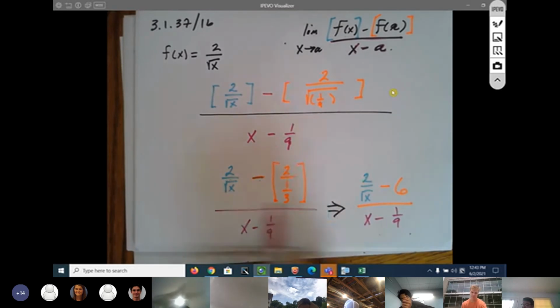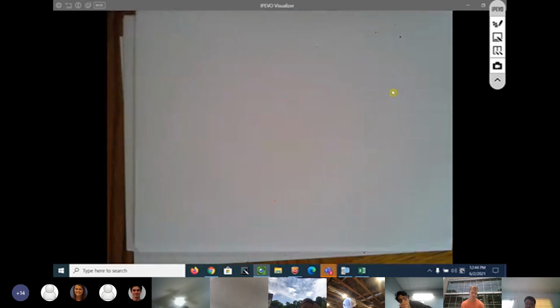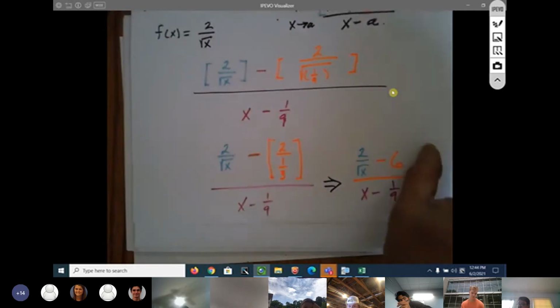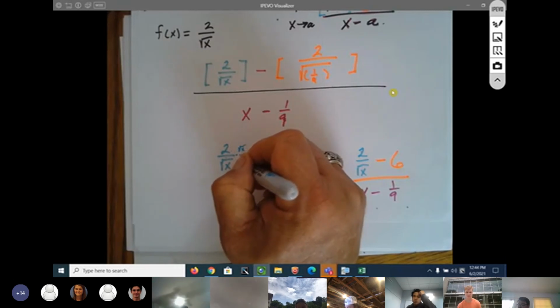Well, I believe we're going to have to rationalize this denominator because there's no way we're going to get an x minus 1/9 with this guy. So, God, this is a cluster. This is not a test question. So I'm going to multiply by the square root of x over square root of x.